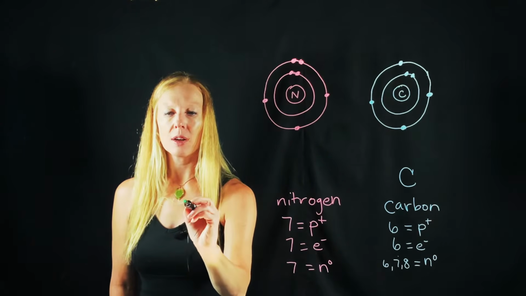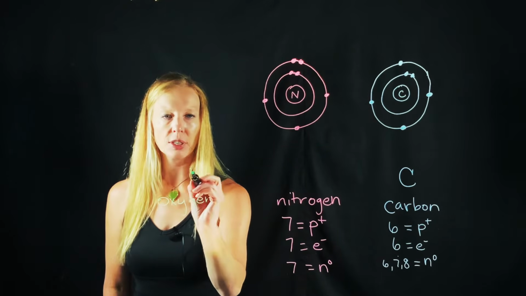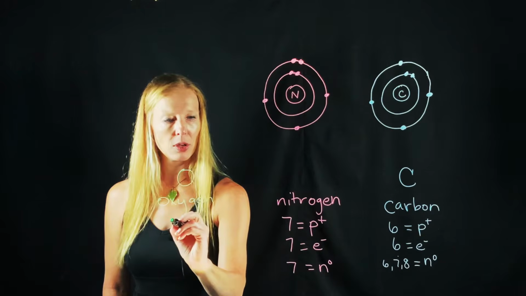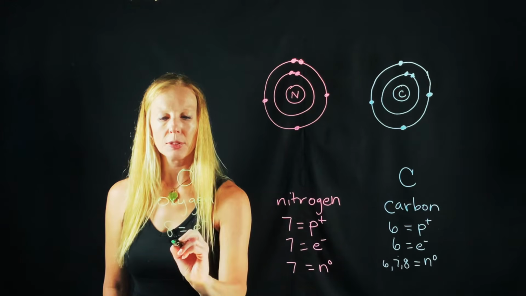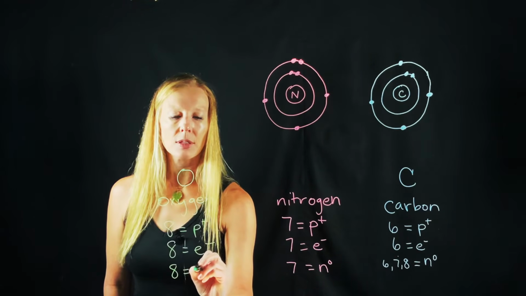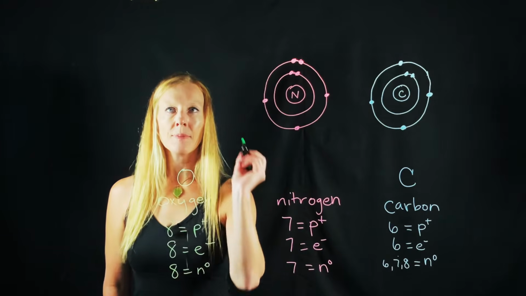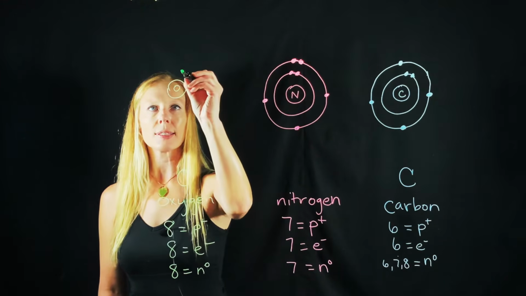All right, moving on to a personal favorite element of mine, oxygen. Okay, so chemical symbol O. Oxygen has an atomic number of 8, which means 8 protons, 8 electrons, and 8 neutrons. Okay. So once again, here's our atomic nucleus with an O for oxygen inside.